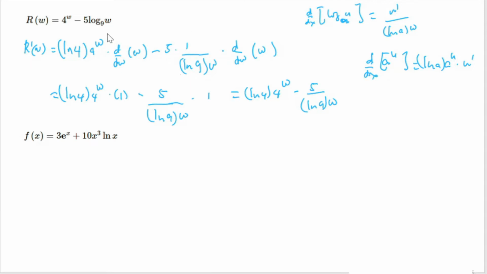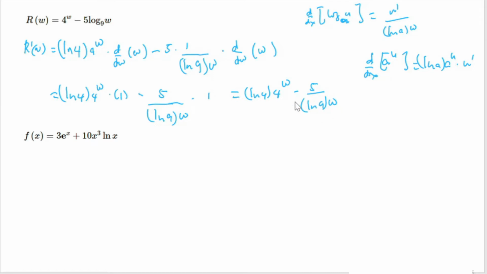If you're going to write in fraction form, instead of writing logarithm, you are supposed to write 1 over ln of the base, which is 9, times the angle, which is w, times the derivative of the angle, which is w. So the derivative of w is 1. That is why we have the final answer of ln of 4 times 4 raised to w minus 5 over ln of 9 times w.